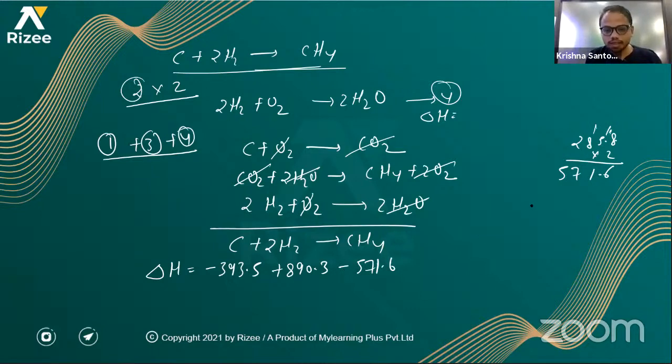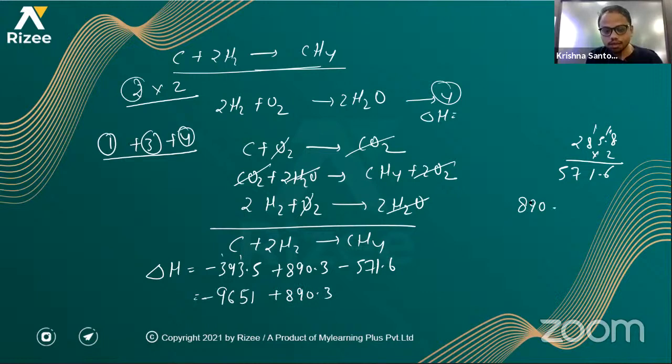So now what is the value? Let's see. So minus 965.1 plus 890.3.